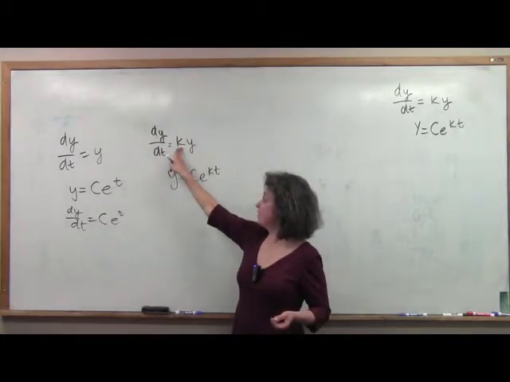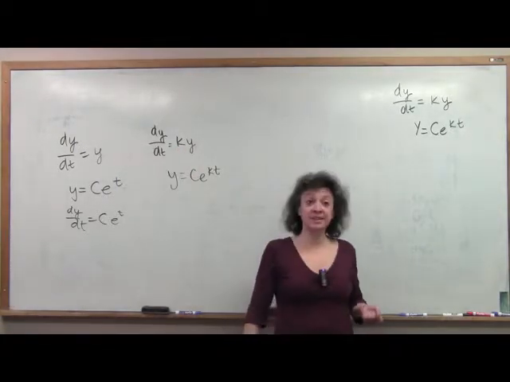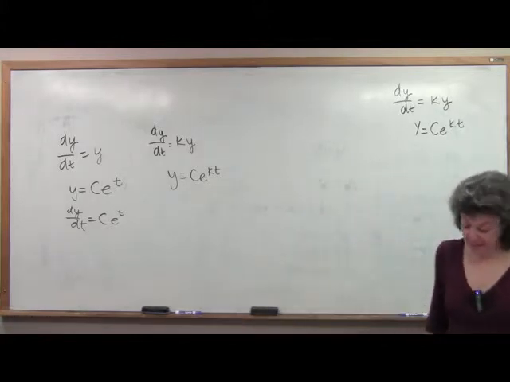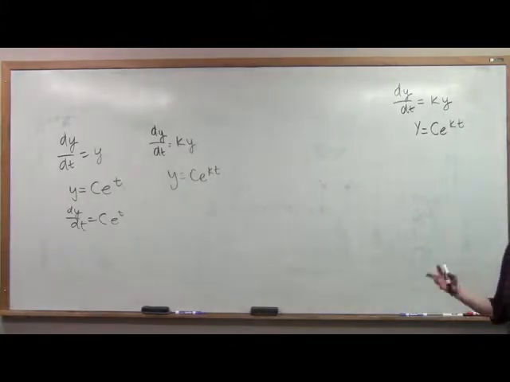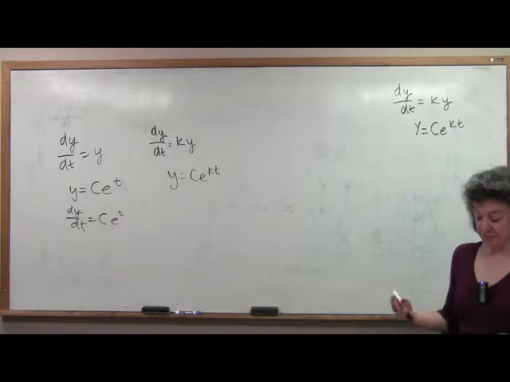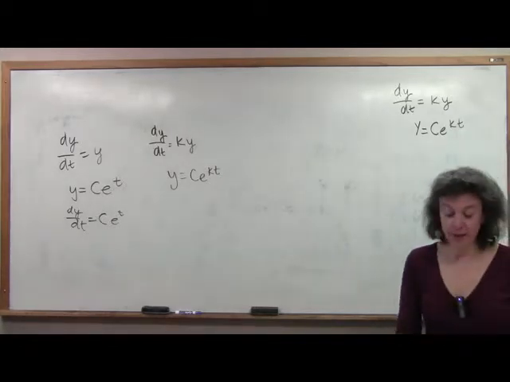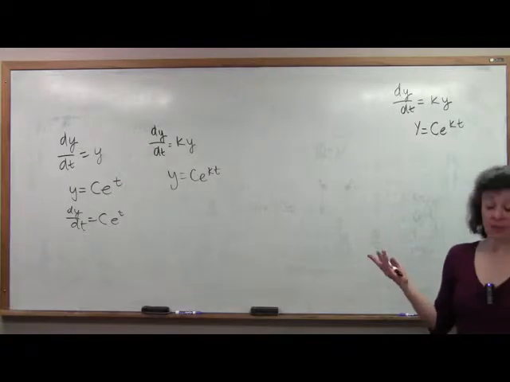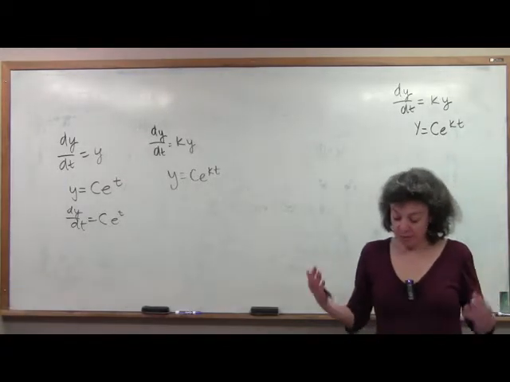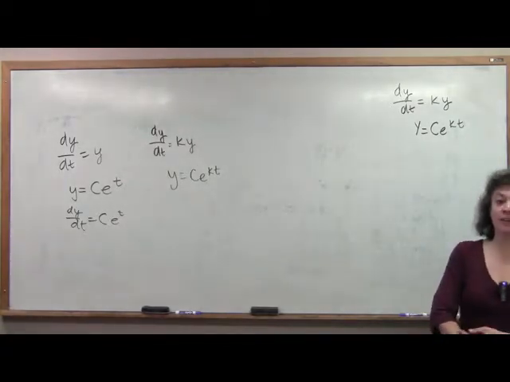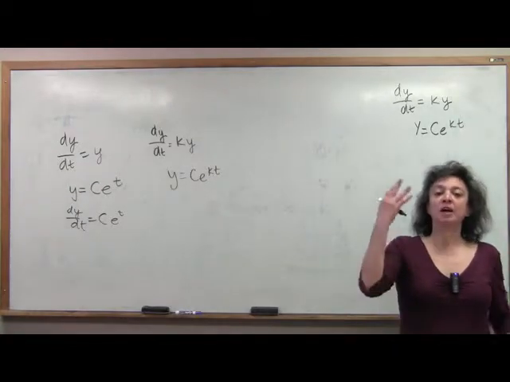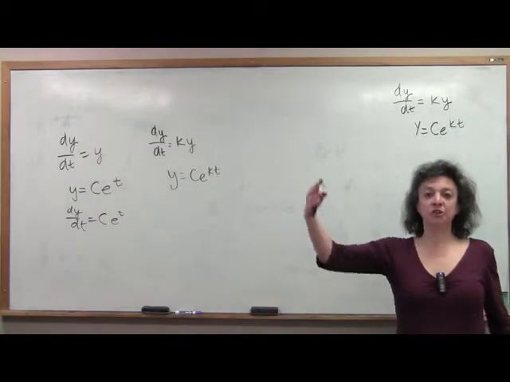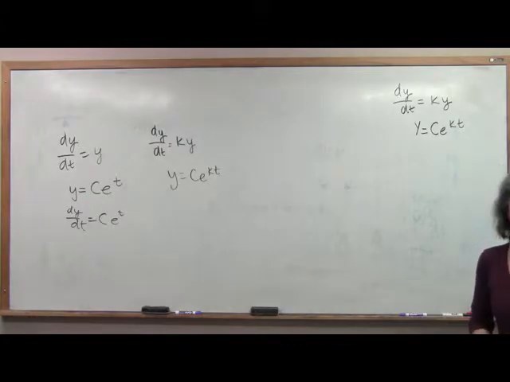You can verify that we're going to, on both sides, get ck e to the kt. Okay? So, this is one type of differential equation we're going to look at. How do we know when we're looking at a differential equation of this type? What we're saying is that the rate of change is proportional to the original function.